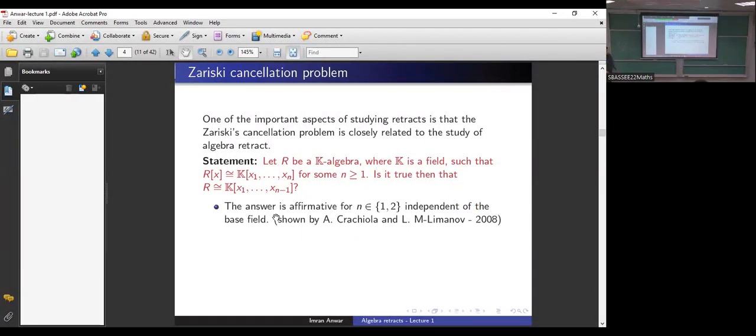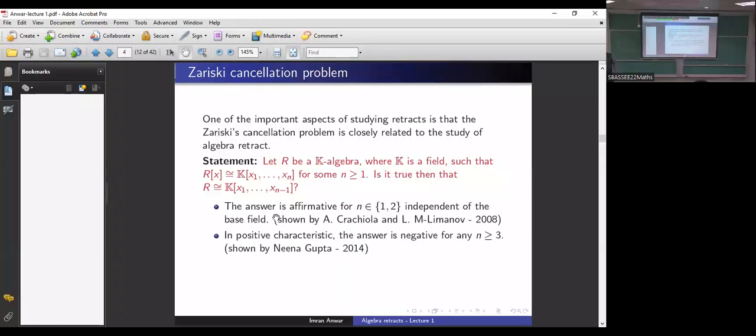Up till now, a proof was given in 2008 by Crachiola and Makar-Limanov, who gave an answer to this Zariski problem for K of characteristic 0 in the case when n is equal to 1 and 2. Only for n equal to 2 is the problem known affirmatively. For n equal to 3 and onward, it is still open.